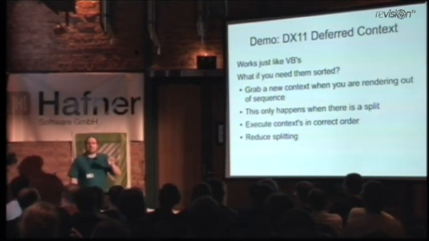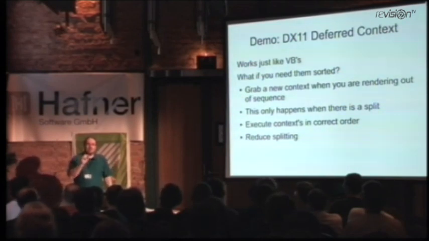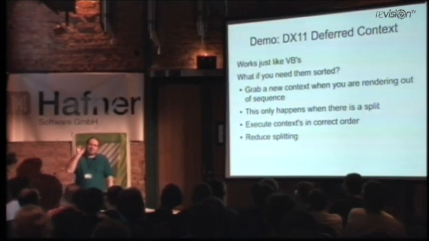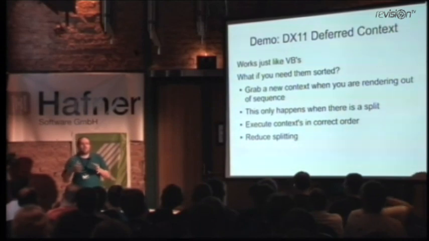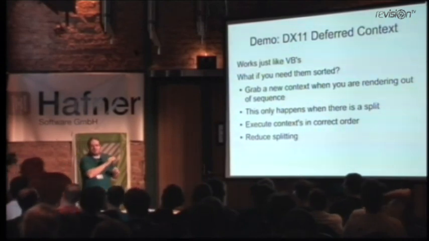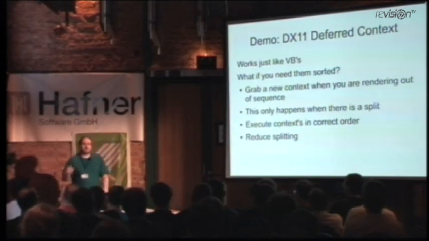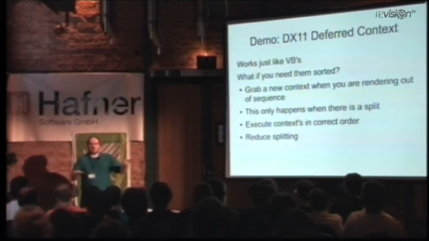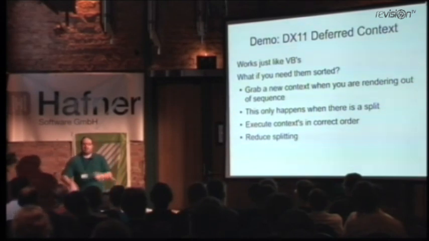Get a new context and start over with task 10, task 11, task 12. So every time a thread encounters a task that is out of order for this job, it starts a new deferred context. We end up with a couple of deferred contexts, not thousands, which we can easily sort and execute. So even though the task stealing engine mixes up our tasks pretty badly, it's not so bad that we can't reorder it easily.